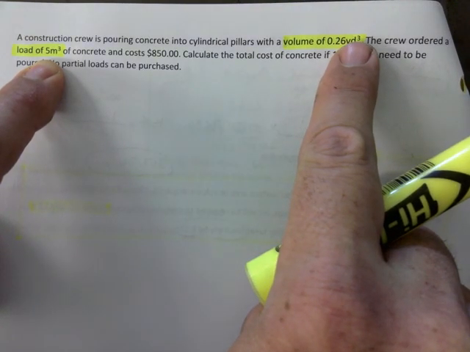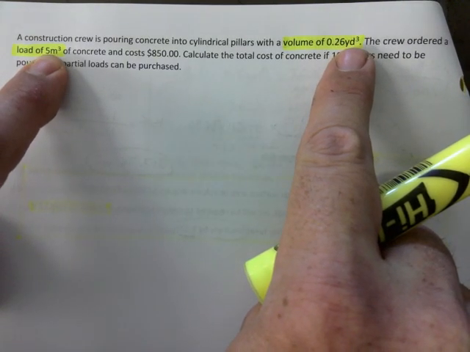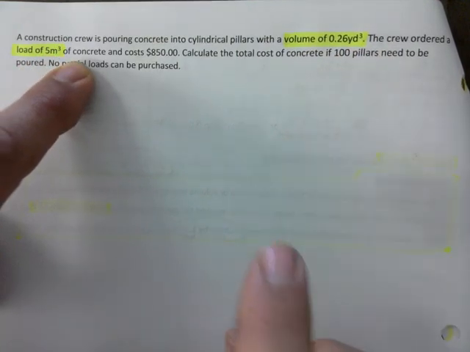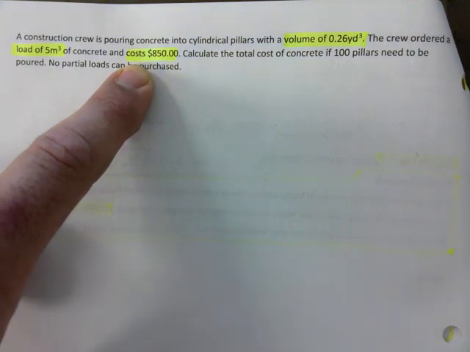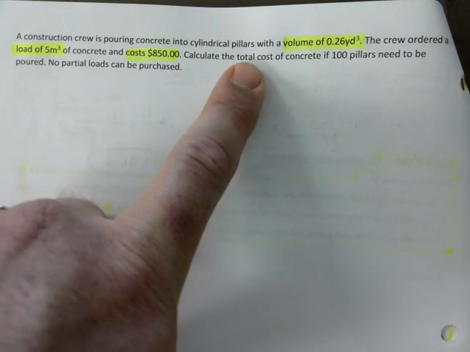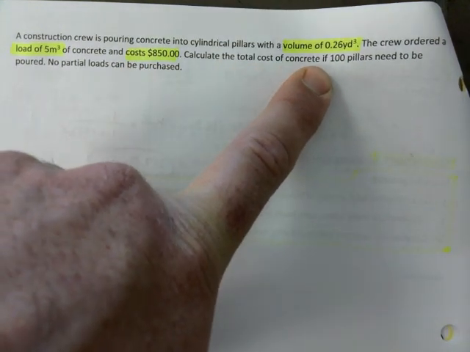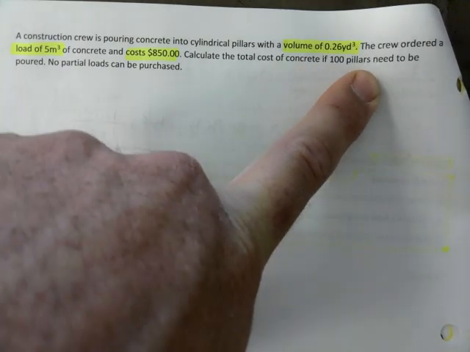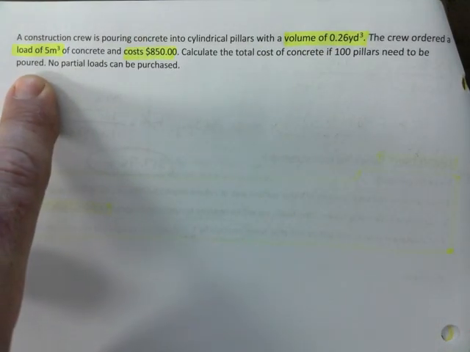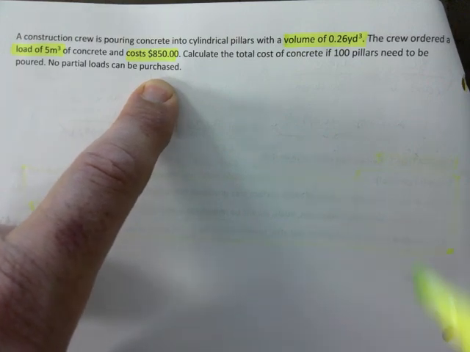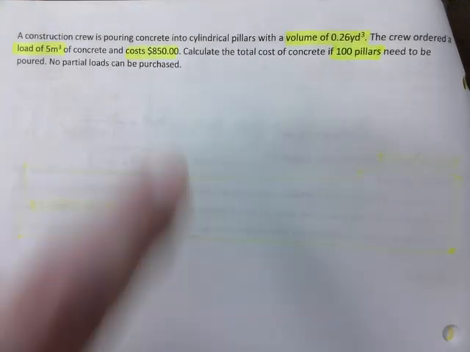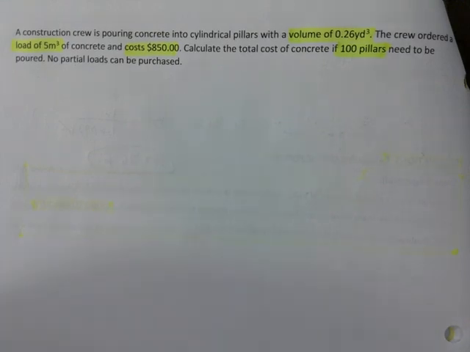Cubic yards, cubic meters. I don't know where this is going, but I see that there's a discrepancy there. And it costs $850 per load. Calculate the total cost of concrete if 100 pillars need to be poured. No partial loads can be purchased. Okay. You need to fill up 100 pillars worth of concrete.